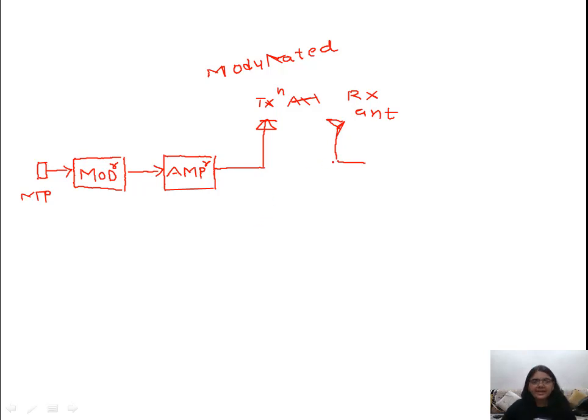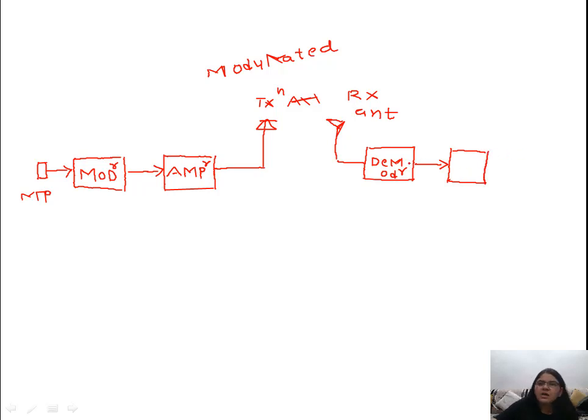So at the receiving end, I need to remove the carrier signal and recover the original information. I need another device known as the demodulator, and that demodulator will filter out the carrier signal and give me the original signal.